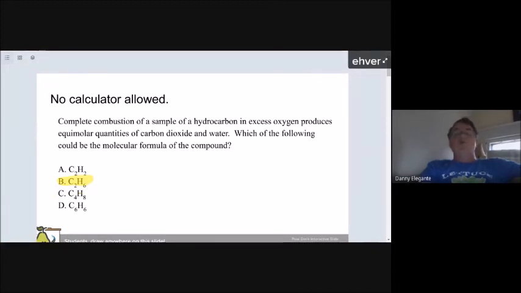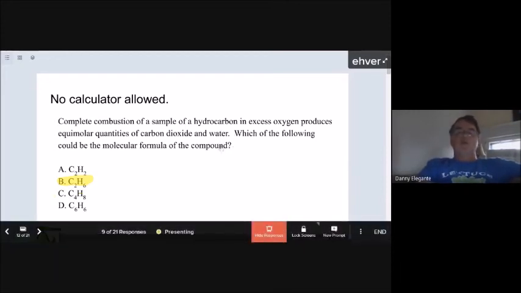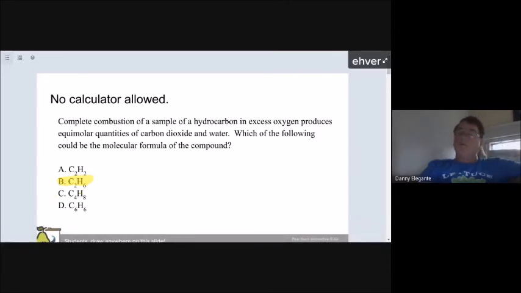So if you have 1 mole of carbon dioxide, that would be the same thing as having 1 mole of carbon. So don't worry about the dioxide part. So you produced 1 mole of carbon and you produced 1 mole of water. So if you produce 1 mole of water, how many moles of hydrogen is that? Well, remember water is H2O, so 1 mole of water is actually 2 moles of hydrogen.